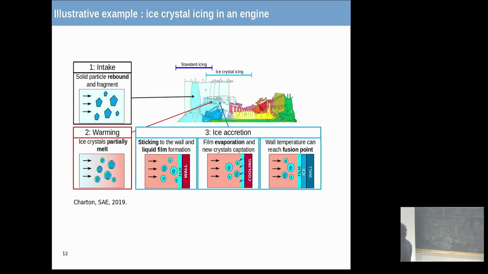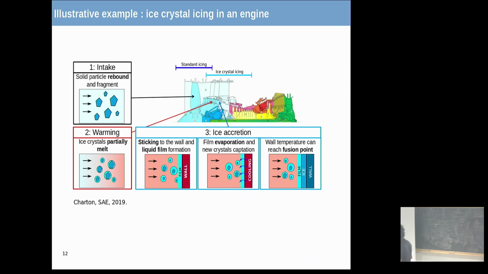And since, due to the compressor, the engine is a hot environment, of course, and since the typical particle size has decreased due to fragmentation, this particle starts to melt in this area here, and then they hit a static part of the engine.